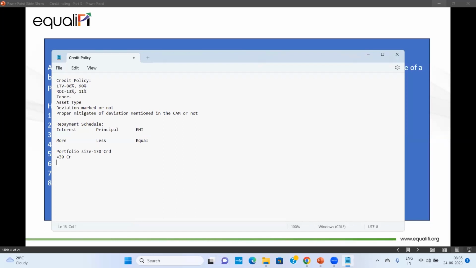Out of this 130 CR, 30 CR was given to one single customer. It's obviously a corporate customer, a strategic customer, right? Now, this is one thing.